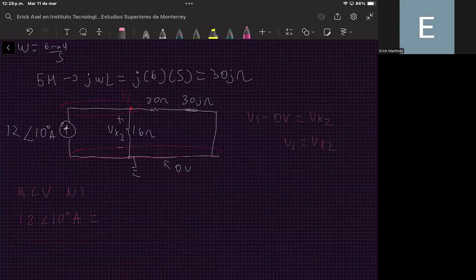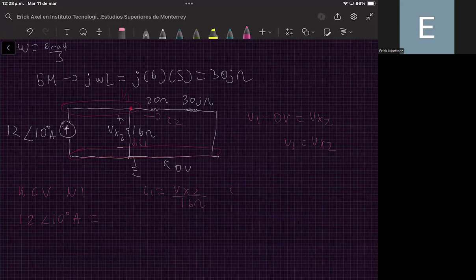For example, here we have a current that is leaving that I will label as I2, and also the current that is flowing through the 16 ohm resistor, that I will label as I1. And in fact, I1 is equal to the voltage in the 16 ohm resistor divided by the resistance, so this is equal to Vx2 divided by 16 ohms.